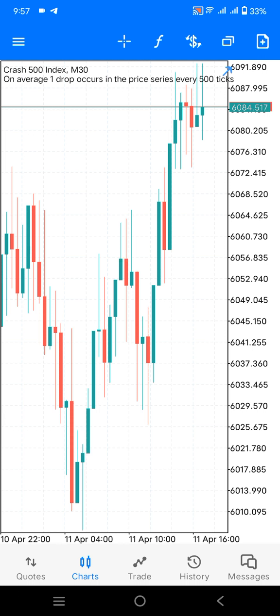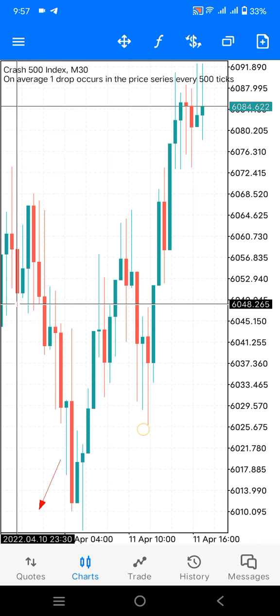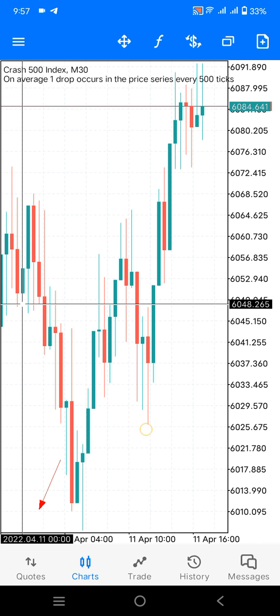Let me mark the things and the area also. Look here, this arrow, I will put the crosshair so you guys understand clearly. Now look here, it's showing the start of the day from this candle. Okay, 11/4/2022, and the time is 0000, which indicates the start of the day.